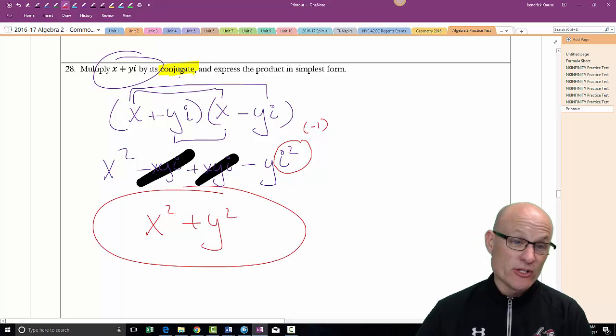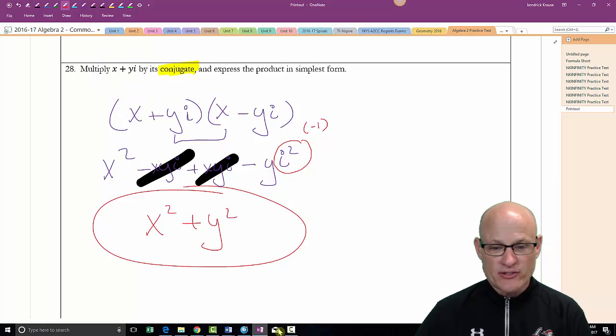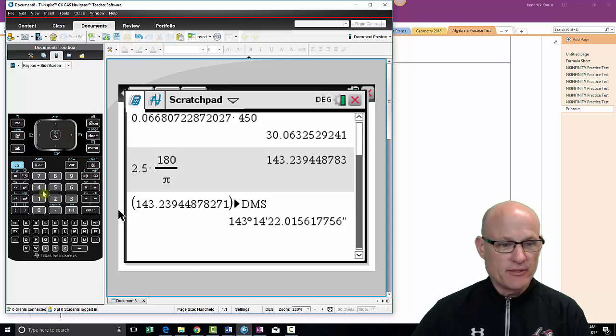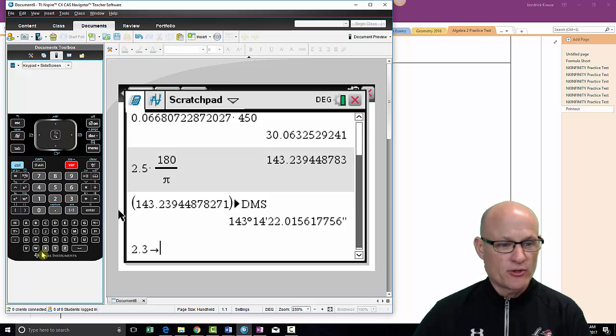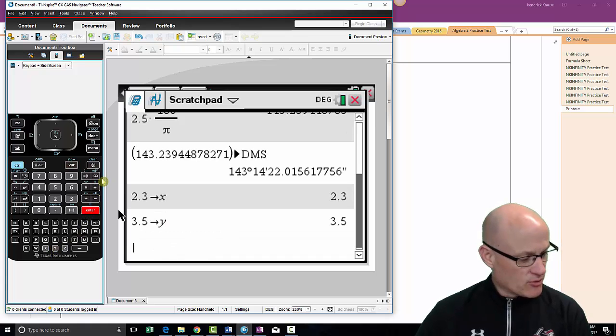Now, if I were you, let me show you this because I don't think you guys believe me. I'm going to take two obscure numbers like 2.3 and store it in for x, and 3.5 and store it in for y. And then type in the original. Now, you do need to still know what conjugate is.